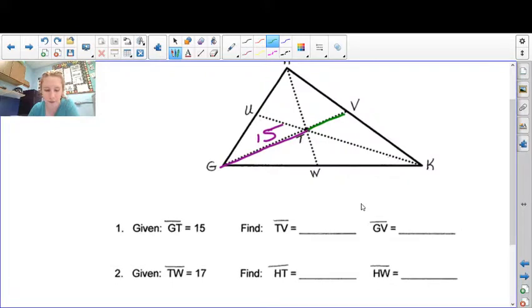So if T is a centroid, that means it's 2/3 the sides. So if I take, that's half the size.